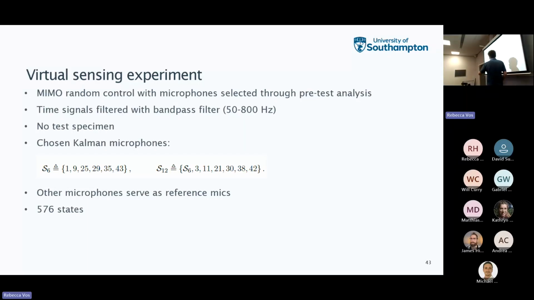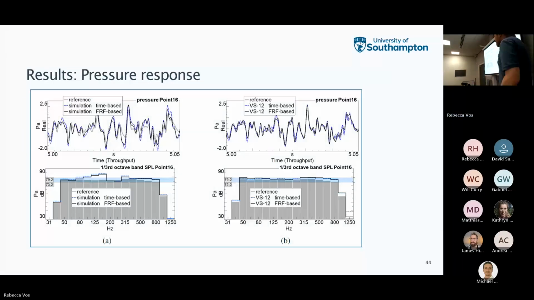The reduced order model that we used is a bit larger now, around 570 states. That's what we needed to get something accurate enough for this specific application and frequency range, which is indicated here. So these are some results. In this case, you should ignore this FRF-based approach, because that was a different method that we also used, more what Siemens wanted to do than what I wanted to do for my research.